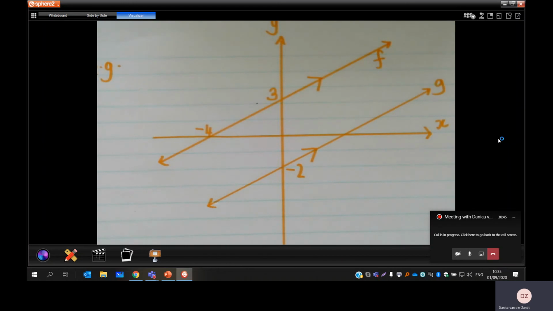And the reason why I've now introduced names to those lines is so that I know which line I'm referring to.